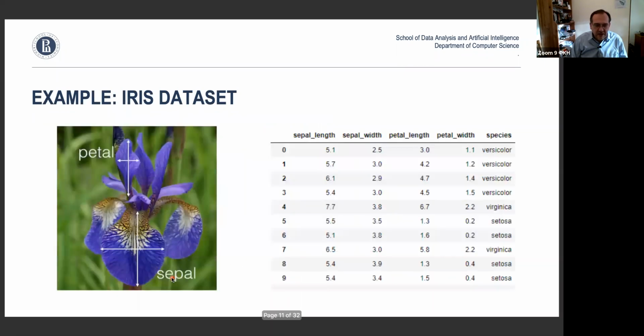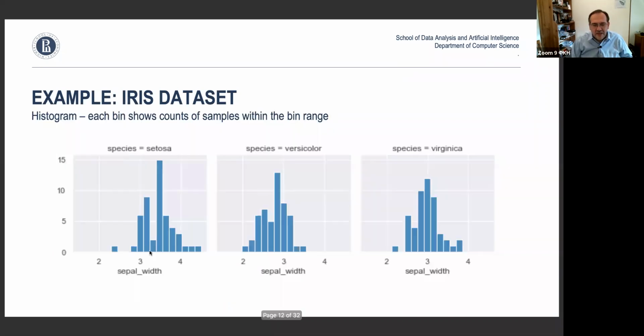Just to remind you, this is a sepal. Not that it is important for the algorithm, but it is important for us to understand what we're trying to learn here. So this is sepal width for three different species.